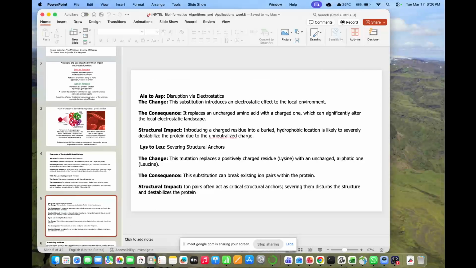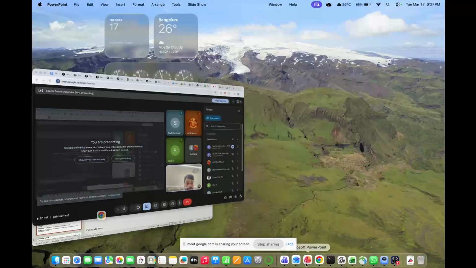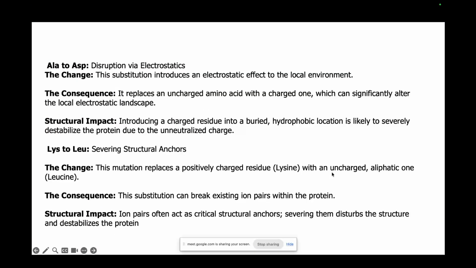As I was saying, if the mutation is happening in a place where you are mutating an uncharged amino acid to a charged or polar amino acid, but the location of that amino acid is within a dense set of hydrophobic residues, it can definitely cause disruption in the structure, because these hydrophobic residues will be present within the folds.